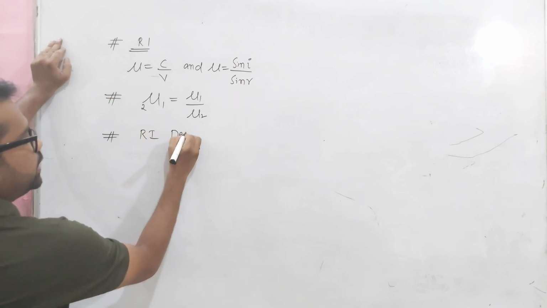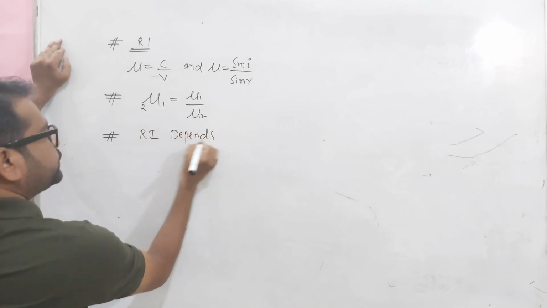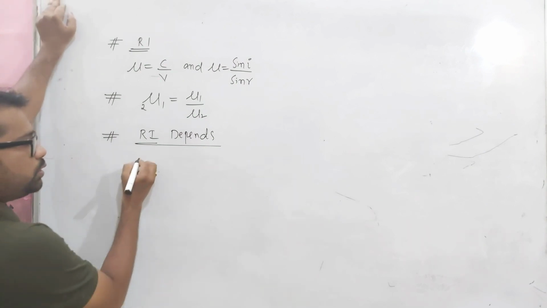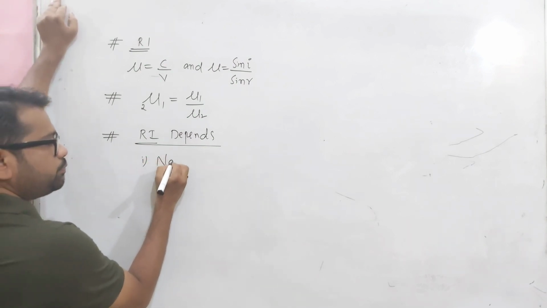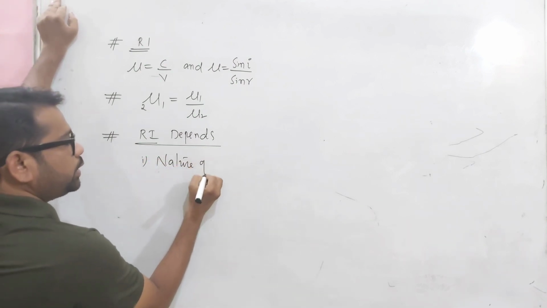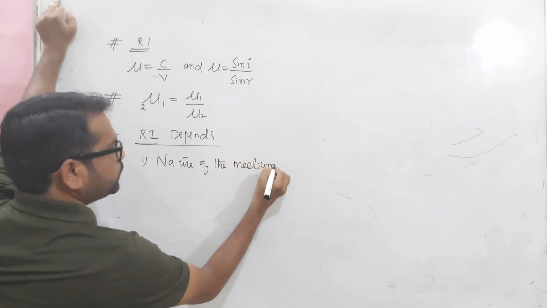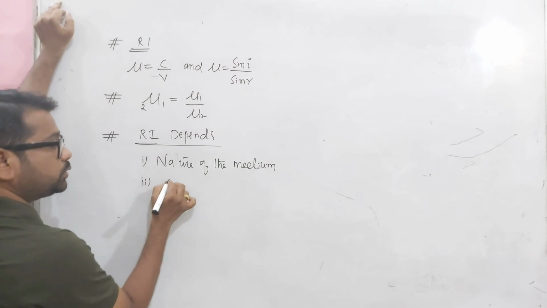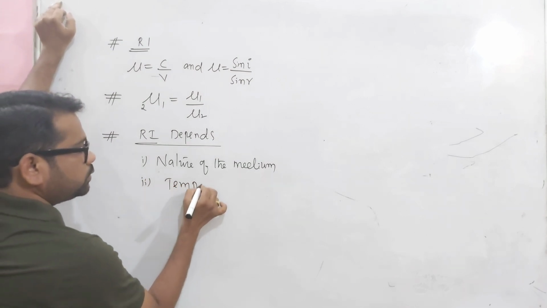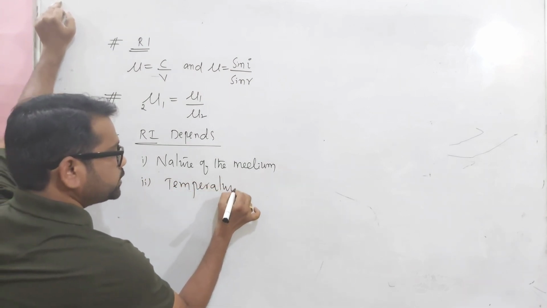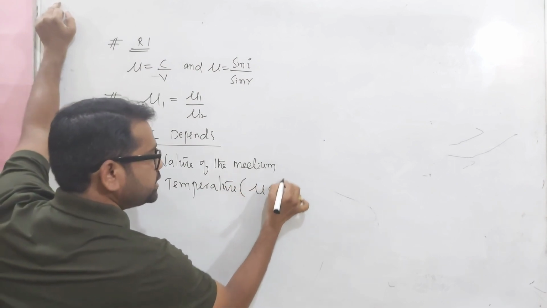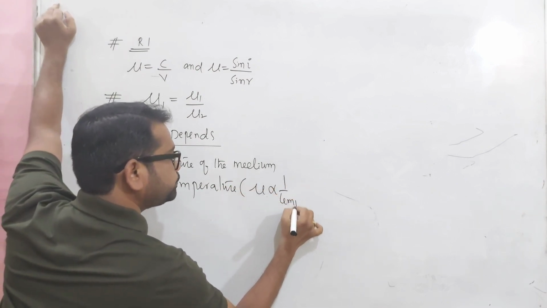Very important, the refractive index depends on the nature of the medium, and the second one is it depends on the temperature. How does it depend? Refractive index is inversely proportional to the temperature.